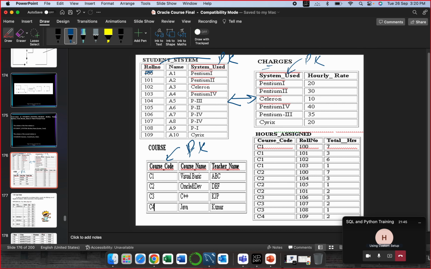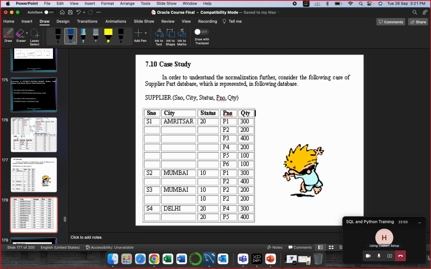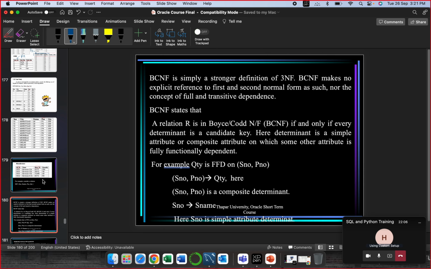Again over here, course code and roll number form my primary key. In that way, this is how my data is in third normal form. It is a complete normalization as of now. Now, still, there could be certain anomalies as well. This is an exercise. I'll leave it to you for later.